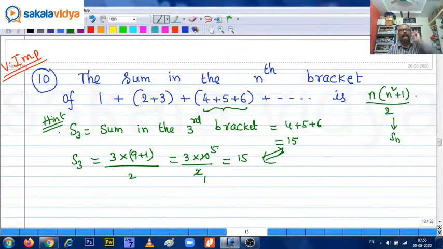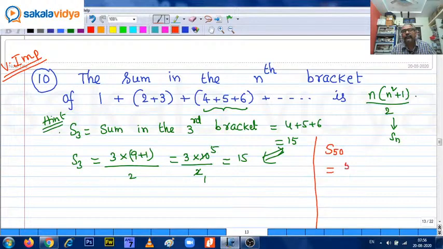So that means we can find out any particular bracket. I think in most cases you may be asked the 50th bracket, the sum of the numbers in the 50th bracket. For example, the 50th bracket means S50.